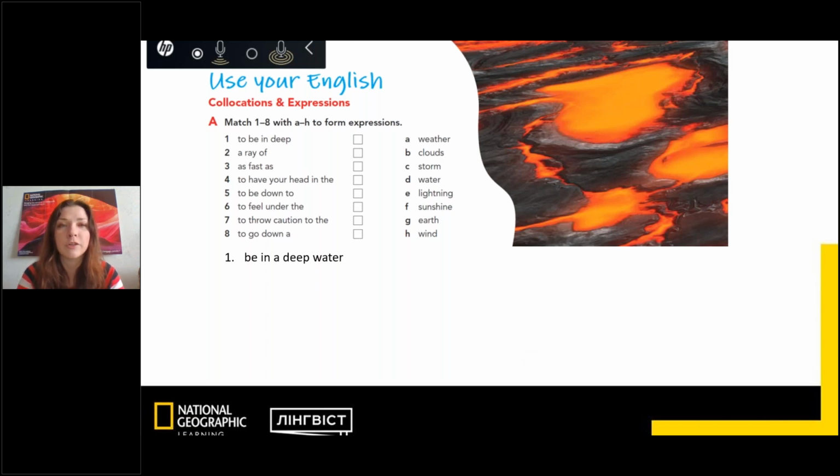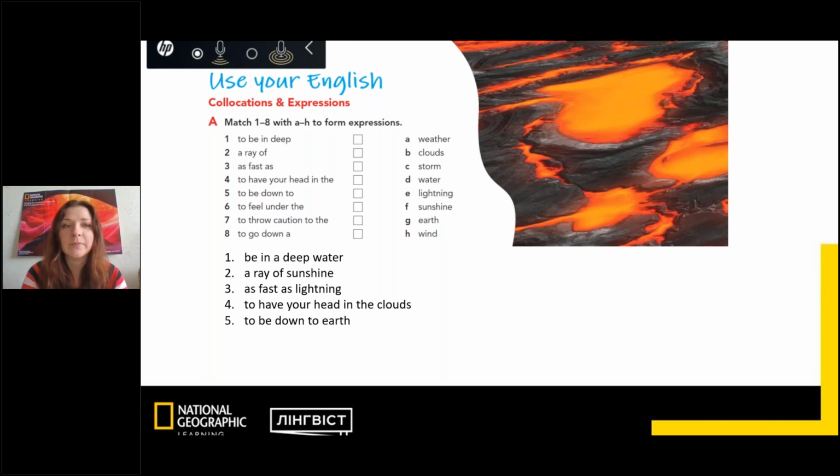So to be in deep water, 1D, a ray of sunshine, as fast as lightning, to have your head in the clouds, to be down to earth, to feel under the weather, to throw caution to the wind, to go down a storm. Now, these are the phrases.